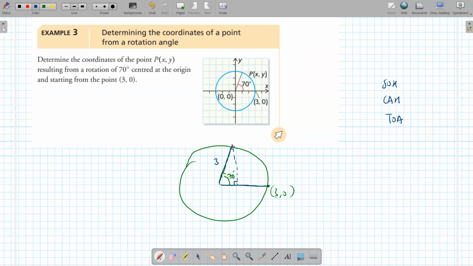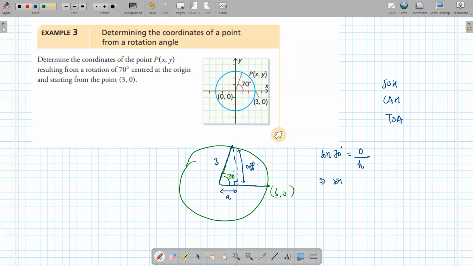Now, to find the coordinates of that, you're going to need the x value here, which is the adjacent, and the y value up here, which is the opposite. So sine of 70 is going to be the opposite divided by the hypotenuse, right?